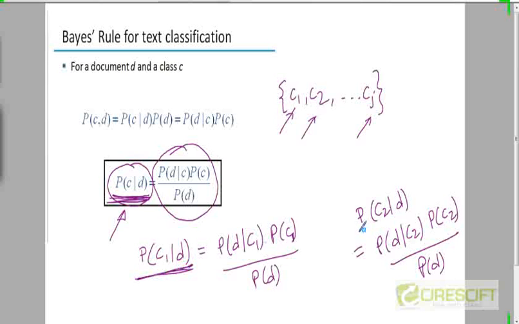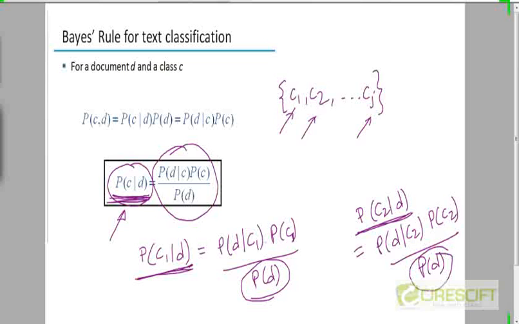Now, what really matters is which of these two is larger. Okay, we are not really concerned about the exact value, the absolute value of these two numbers. We are only concerned about the relative values, or which of these two is higher.